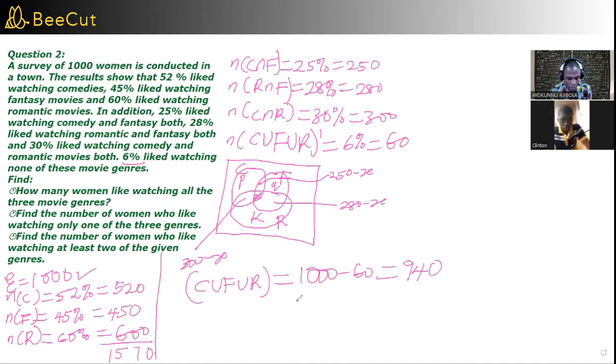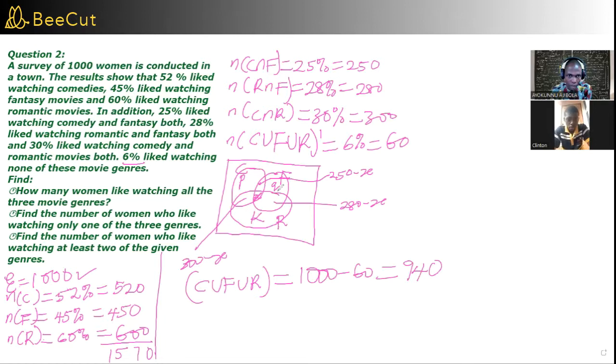The next step is to find X first, so that I can then know the values of P, Q, and K.